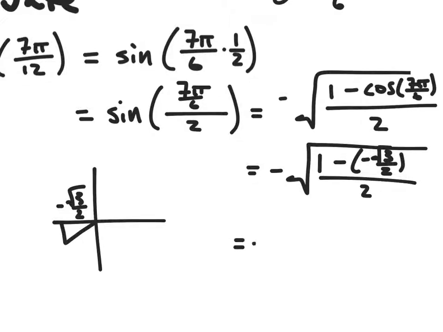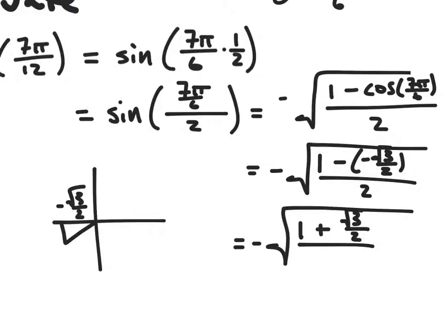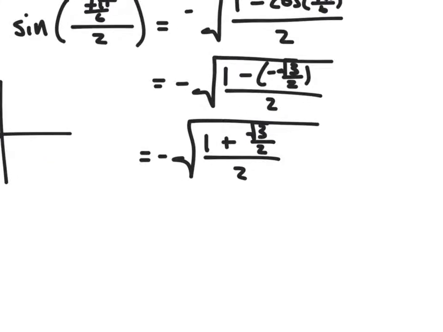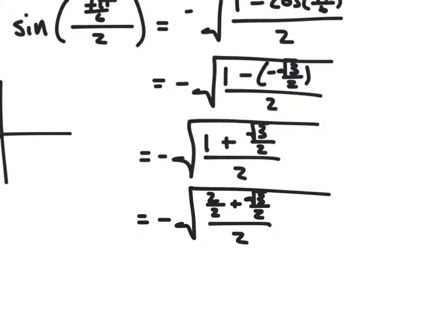So let's clean this up. Negative square root, I've got really 1 plus square root of 3 over 2, all over 2. And so inside of here, I've got negative square root of 2 over 2 common denominator plus the square root of 3 over 2 all over 2.